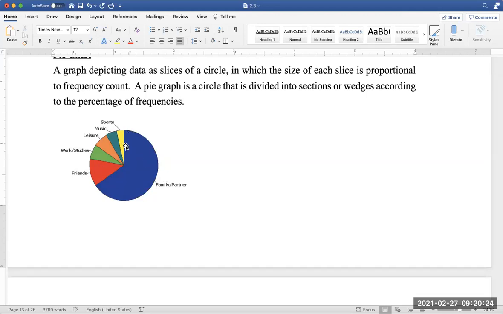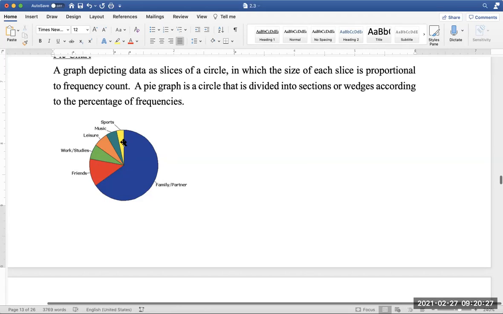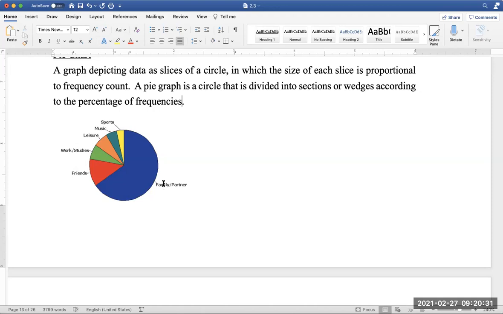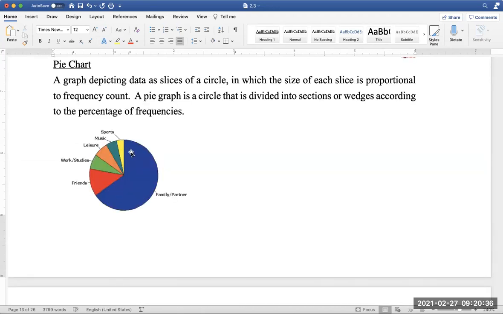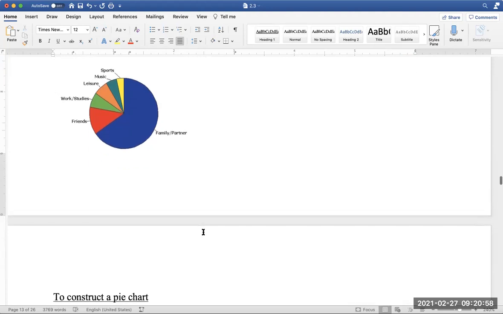So I have here family, partner, friends, work, study, a little slice, leisure, music, sports. This is a typical sort of slice that people have of their time.